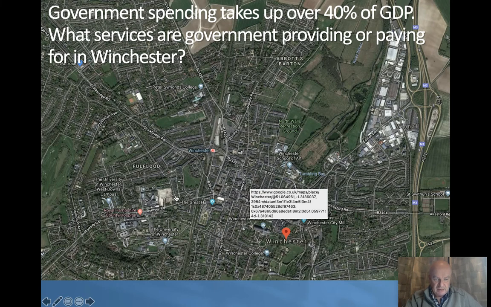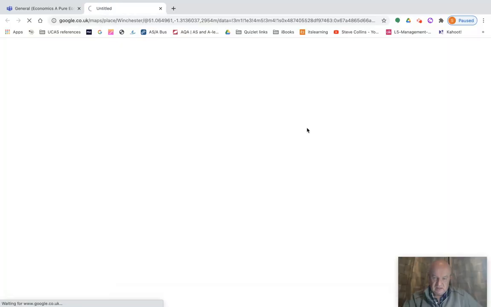Winchester's also quite famous for its cathedral, and there are lots of National Trust properties and other things where resources are being used to provide that infrastructure and other items.